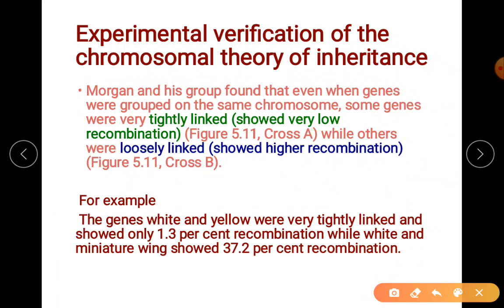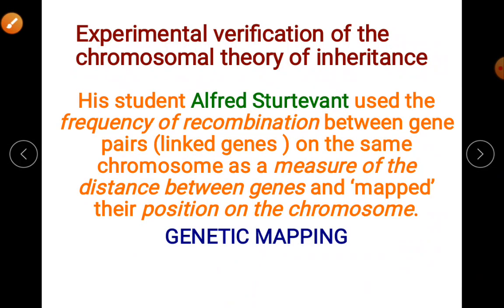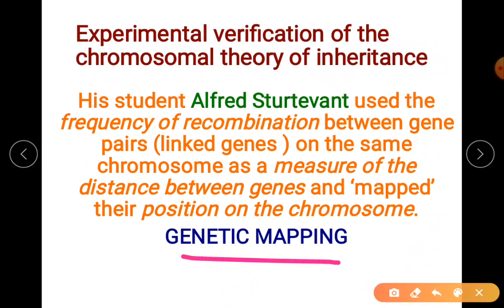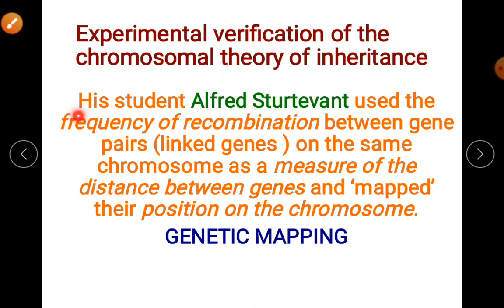Okay, so you have got some idea. That's how they have given the percentage. These two points are important for the experimental verification of Morgan's study on the chromosomal theory of inheritance. So this is all Morgan's study showing linkage, recombination as well as genetic mapping. What is genetic mapping? One of his students, Alfred Sturtevant, used the frequency of recombination.